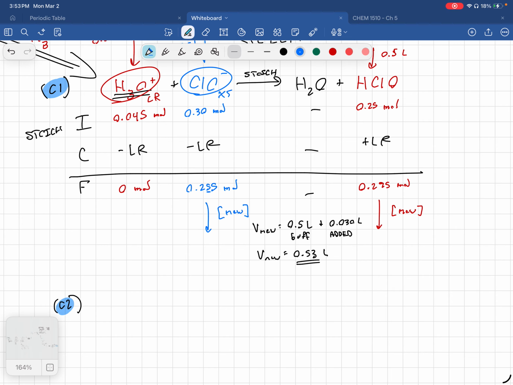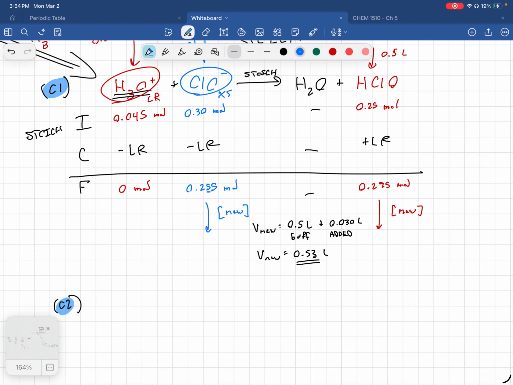So if we take our mole values here of 0.255 and our 0.295, and we divide by our new volume, because remember, we mixed a solution into another solution. So we would need to convert all of the stuff we mixed together into moles first, and then to get the new concentrations, we would have to add the volumes of each solution together that we mixed and divide our new mole values by our new volumes.